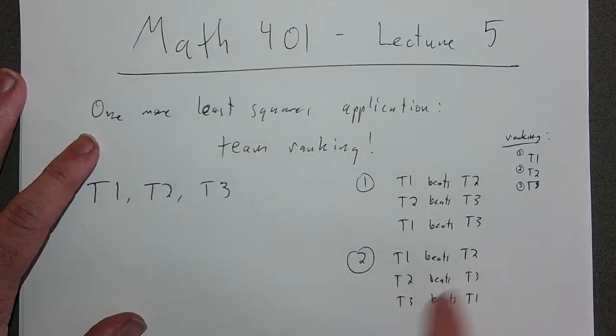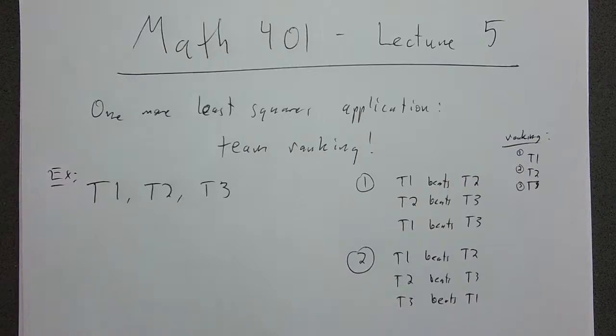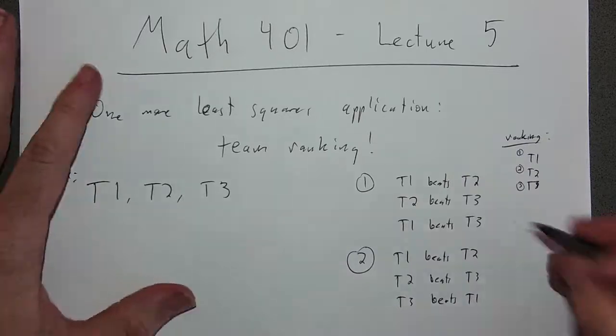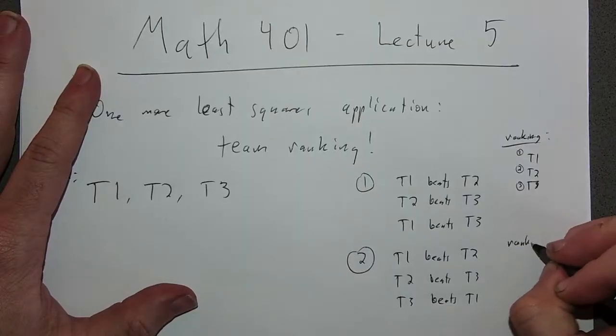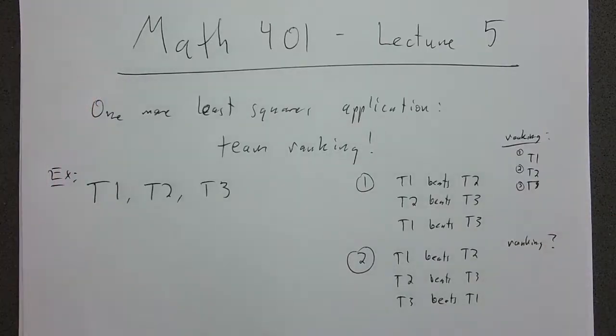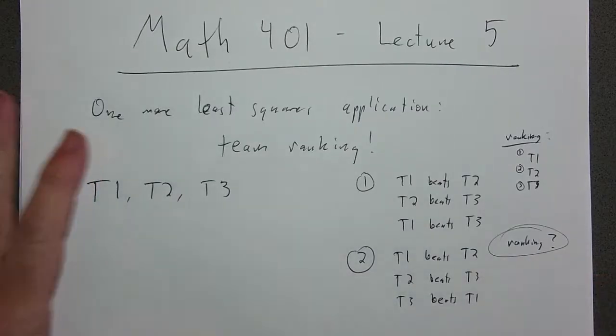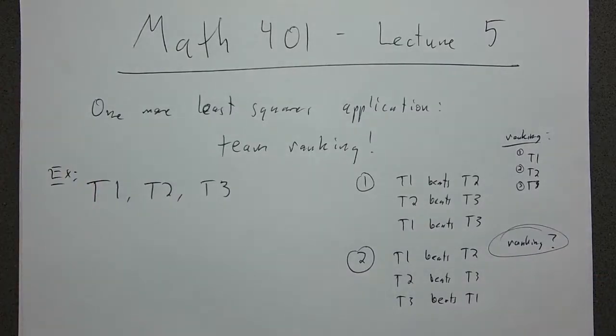Team one wins against team two but loses against team three, team two wins against team three but loses against team one, and team three wins against team one but loses against team two. So all of these teams are 1-1 if we're tracking the wins and losses. So in this case, what would the ranking look like? It's not clear how this would work.